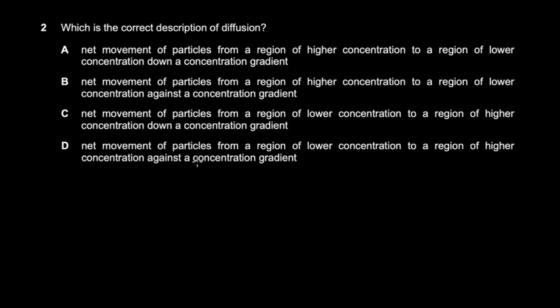But then you have to know what region they're moving from and what really moves them. So diffusion, we say that it's a passive process. So what does it mean to say it's a passive process? It means no energy is required. Okay, so no energy input. It's just something that happens if certain circumstances are met.